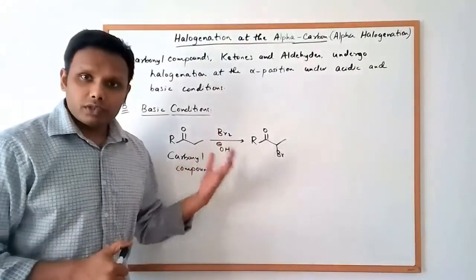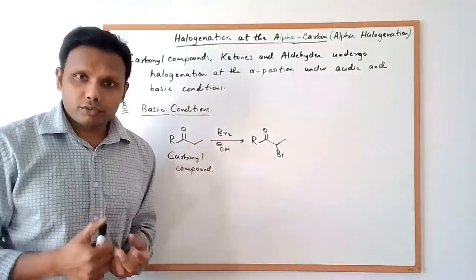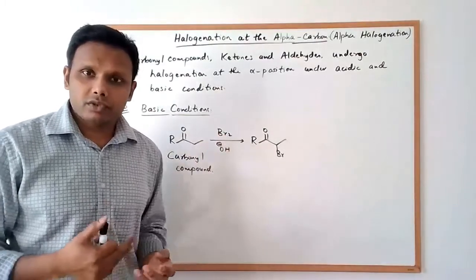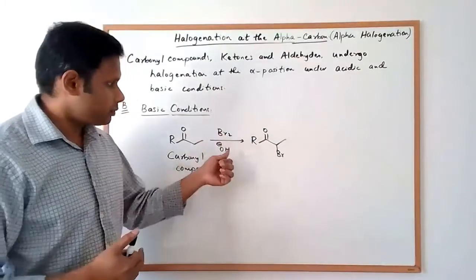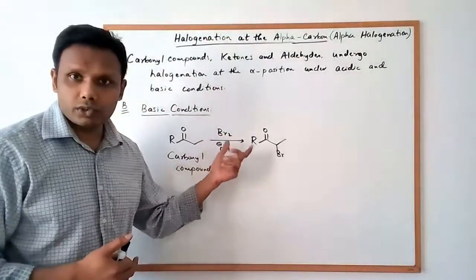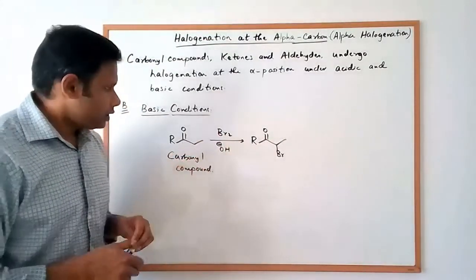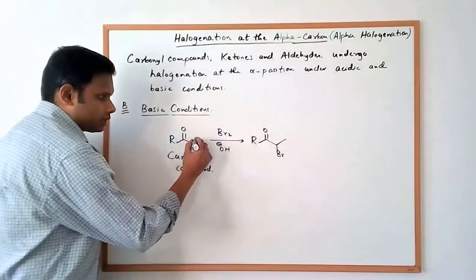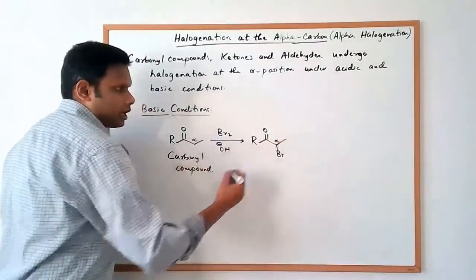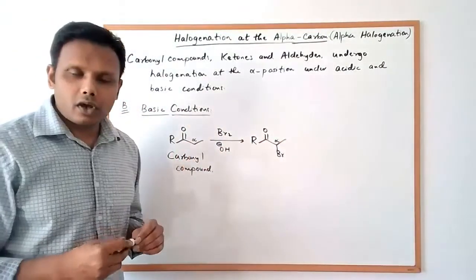And again, I'm using the Br2 here, but it doesn't have to be bromine. You can do the same reaction with chlorine or iodine if possible. Okay, so it really depends on the choice of the halogen, the product that you get. But if you do this, again, what we would get is halogenation at the alpha carbon.